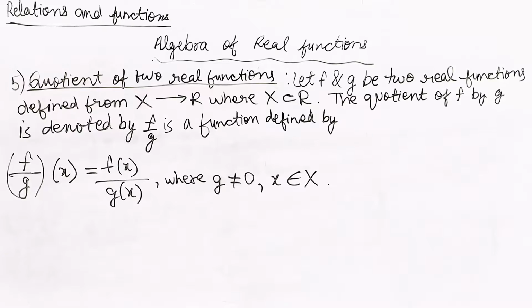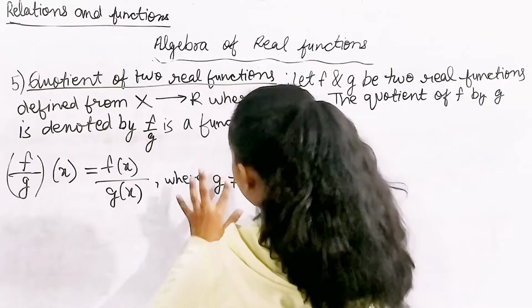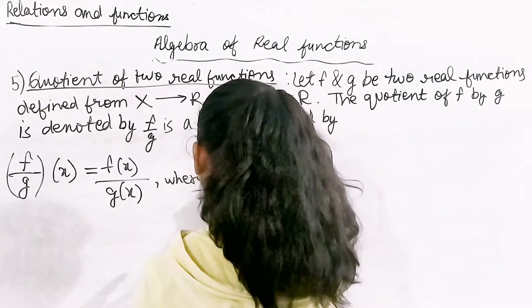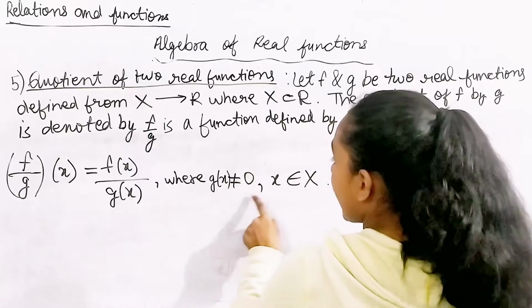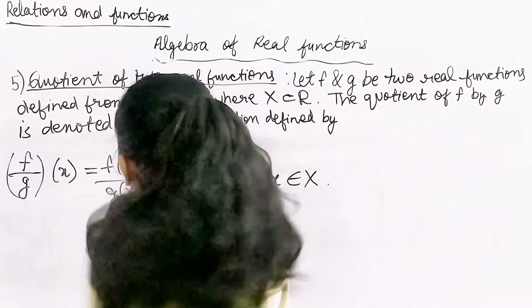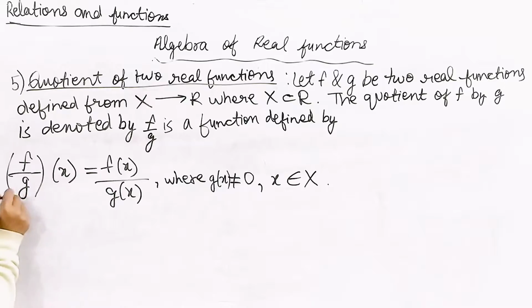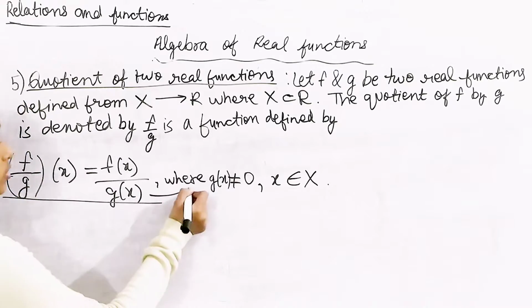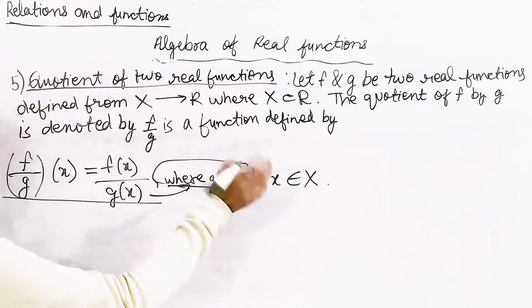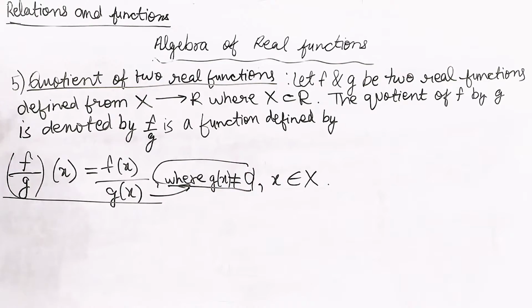It can be 1, 2, or something else, but not 0. So g is not equal to 0. Oh sorry, I'm talking about g(x), not only g. g(x) is not equal to 0. This is the formula, and we always have to remember this. That's it. Nothing else. All those five things were really easy to understand.